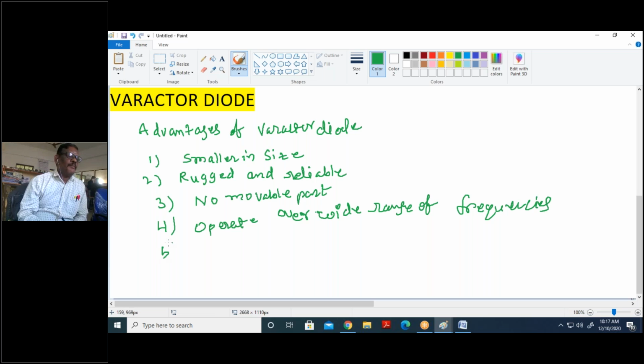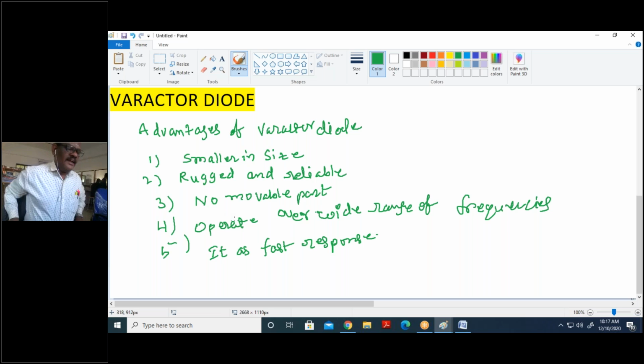Fifth one, it has fast response, and electrical tuning applications.